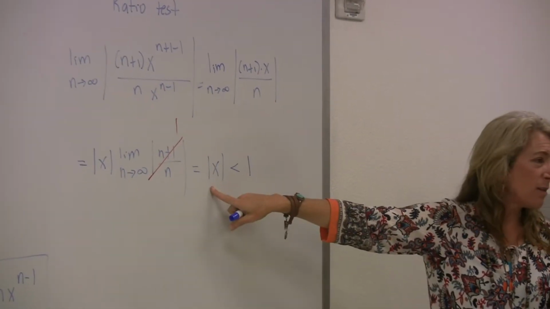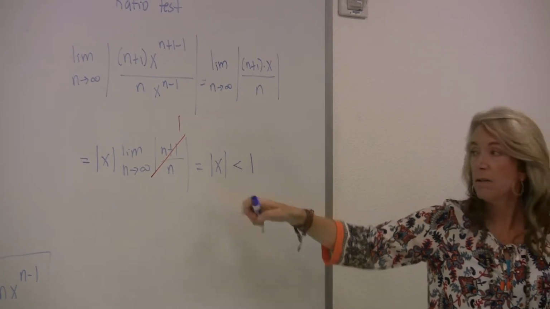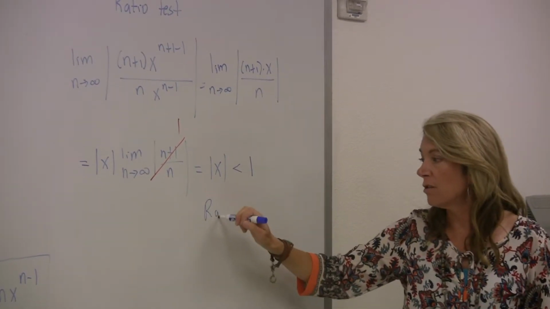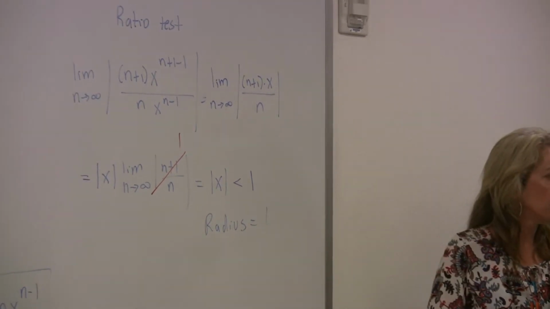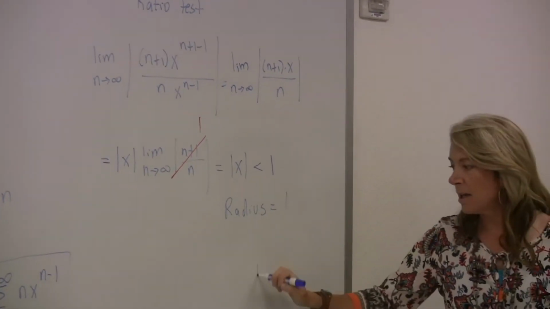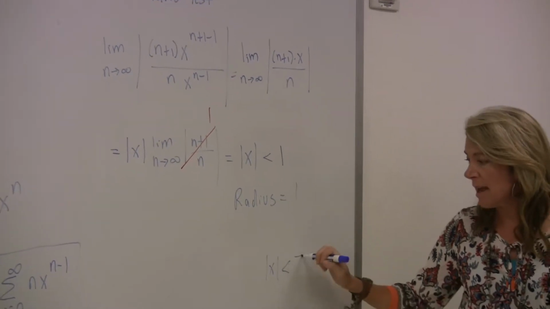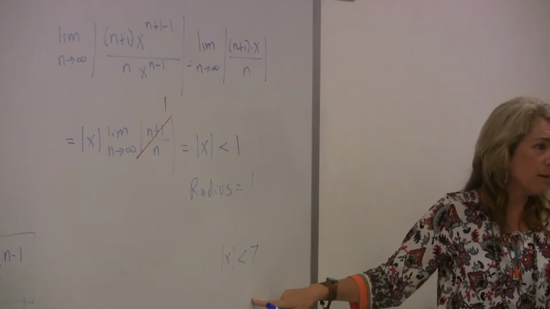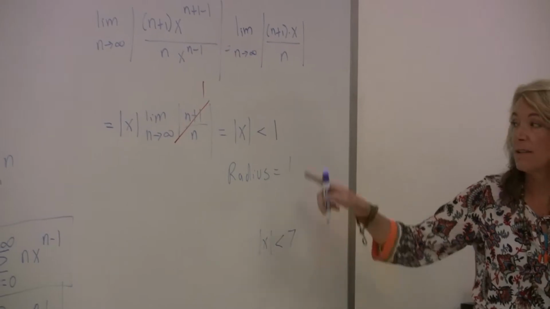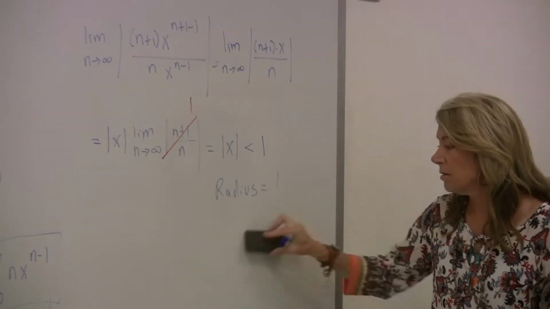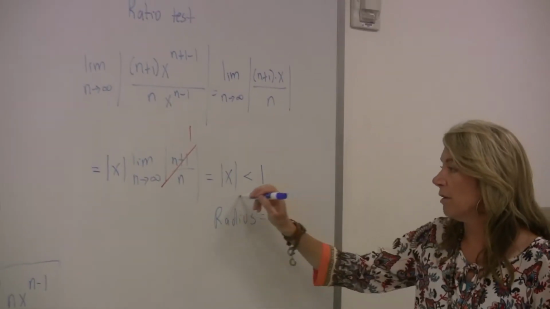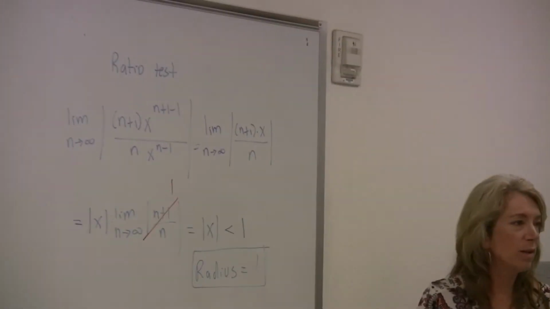And I already have the x portion right here isolated, so that tells me that my radius of convergence is 1. If it had ended up to be x less than 7, then the radius would have been 7. I'm allowed to go 1 away from the middle. So that part's a lot easier than finding the whole interval. Checking endpoints would take forever.